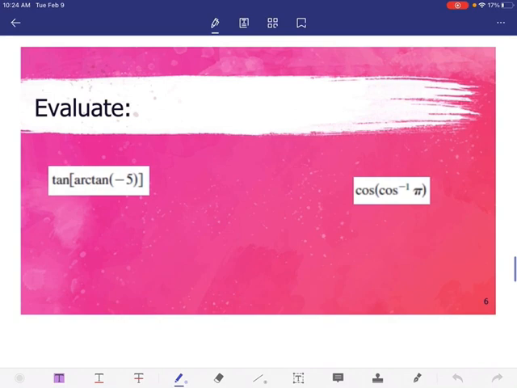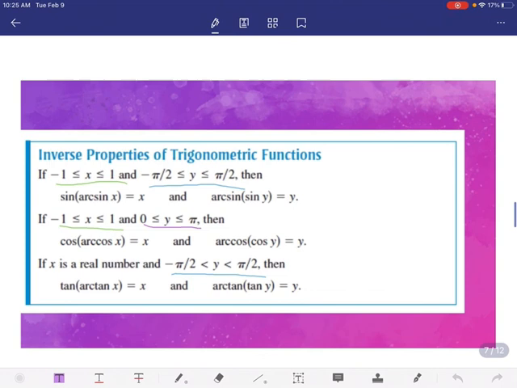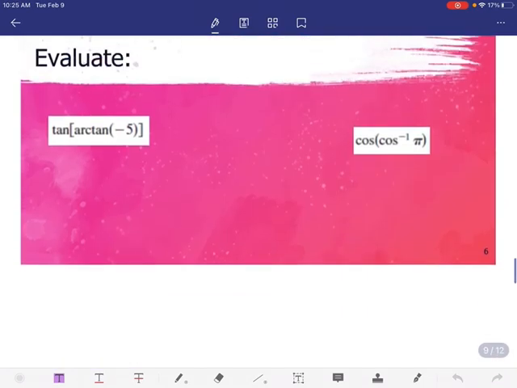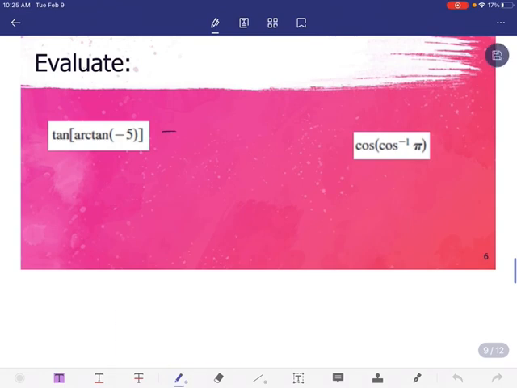So notice that on my first one, I have the tangent on the outside and the arctangent on the inside. So if I go back to my intervals, that means that I'm looking at that first one with my x's. And it tells me that x can be any real number. So as long as the inside is a real number, that's what it's going to equal. Well, negative 5 is a real number, so that's just going to be my answer.